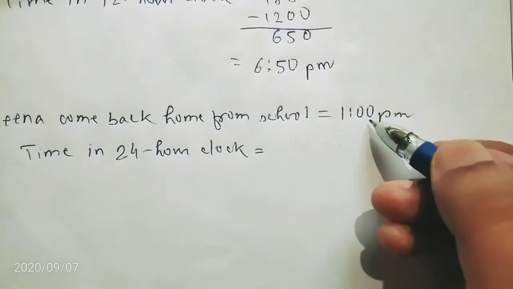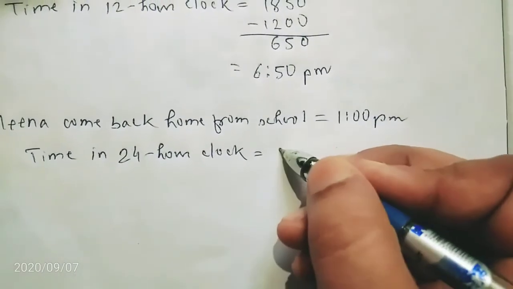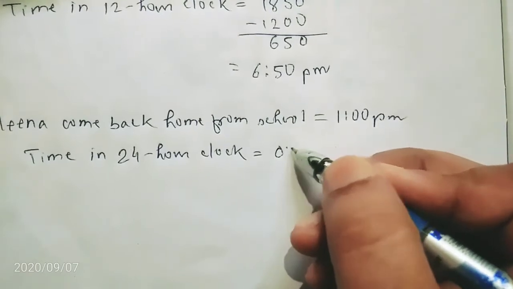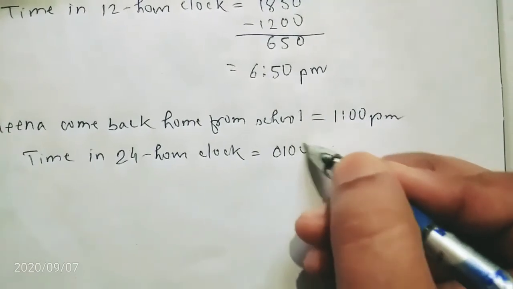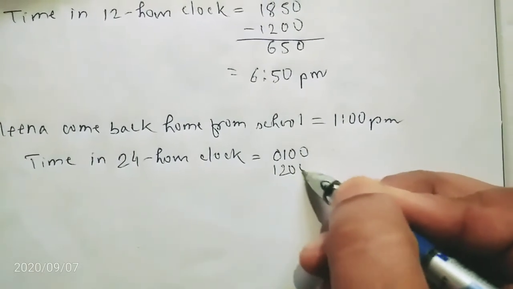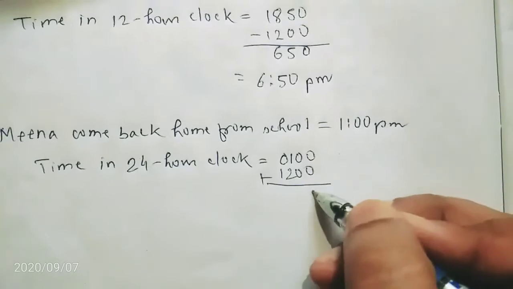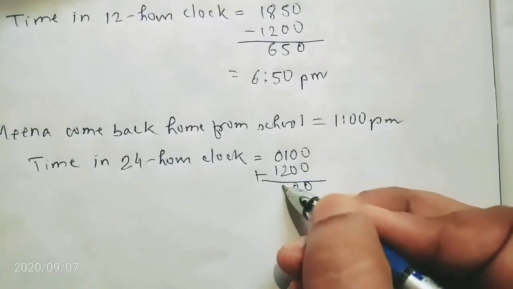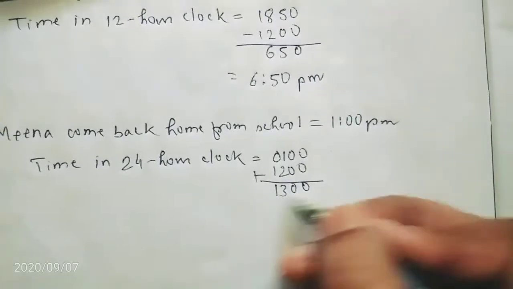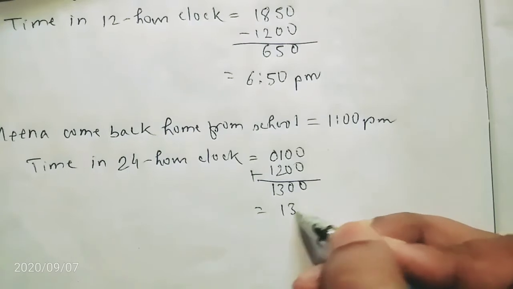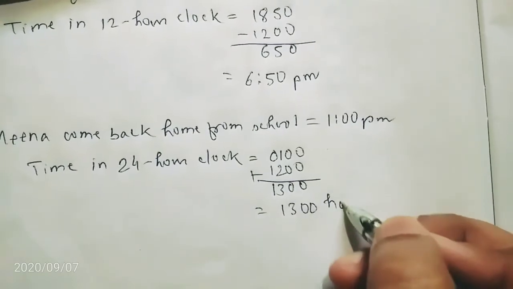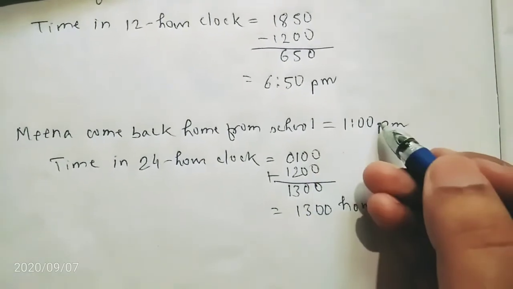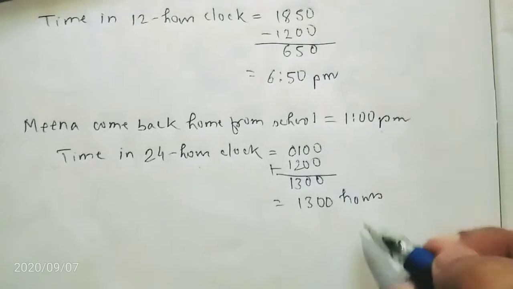So how to add 1200? Simply write this number in 4 digits without using the dots, 0100, and add 1200 here. So 0, 0, this 3 and 1. So the answer is what? 1300 hours. So in this way you have to convert 12-hour clock into 24-hour clock.